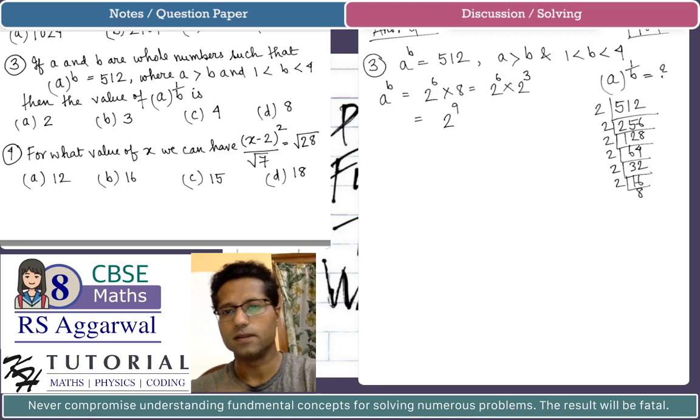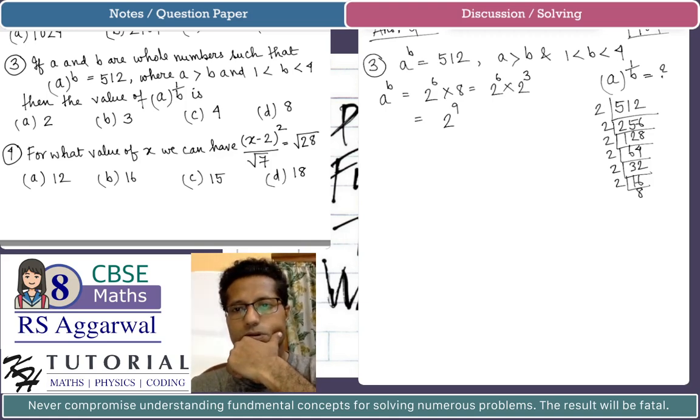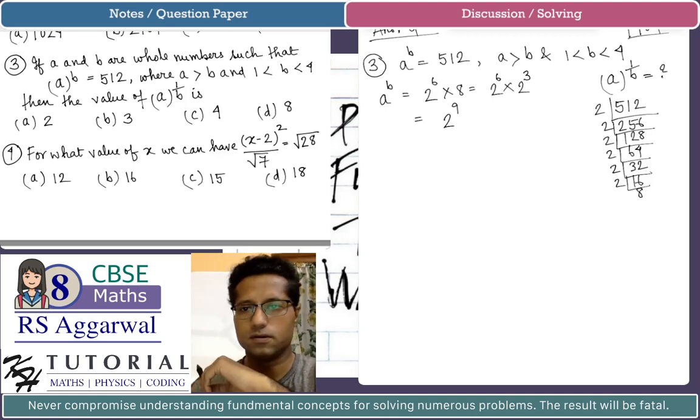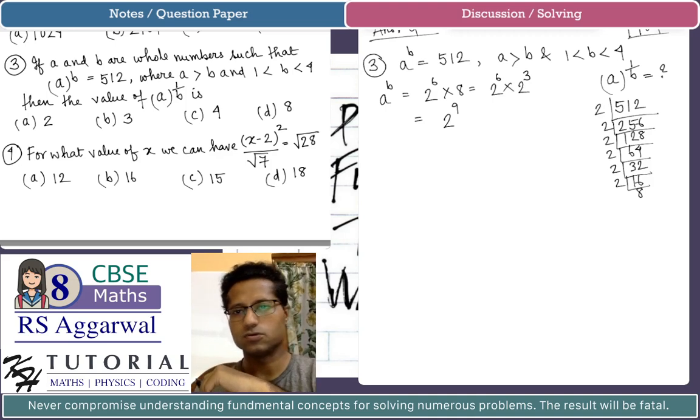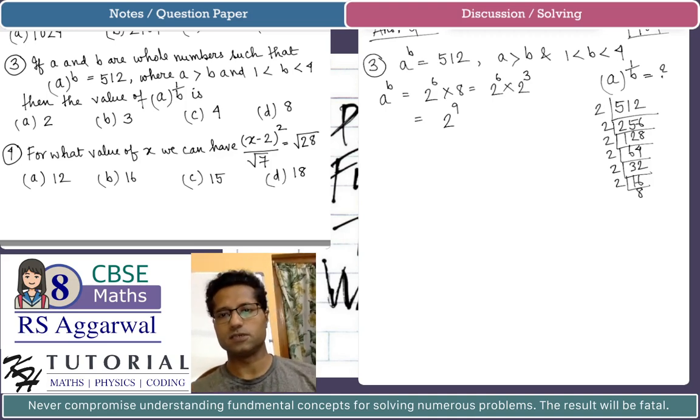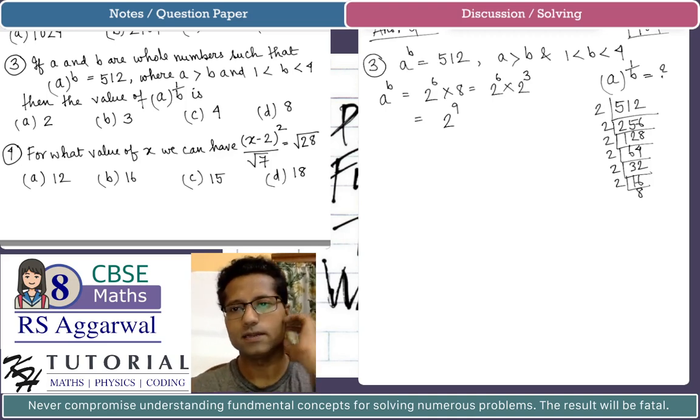Now the base is 2 and the power is 9. We have to express it in such a way that the base is greater than the power. In our case, the base 2 is smaller than the power.